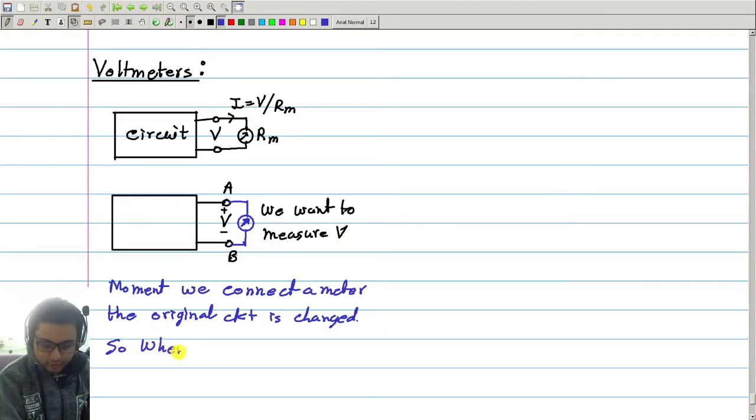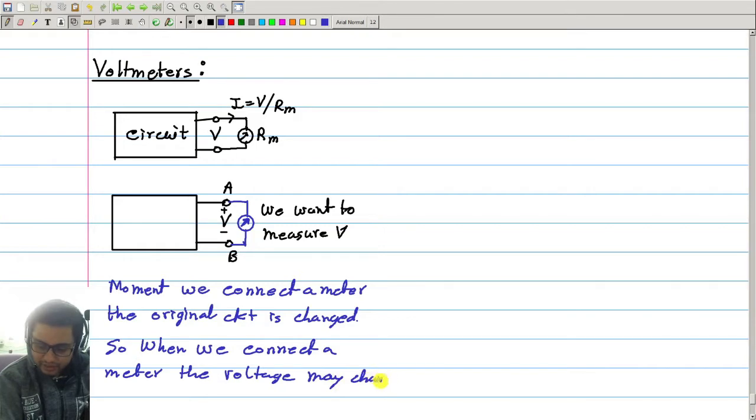So when we connect a meter, the voltage may change, and we would like that the change is not much. That is possible if the meter that we are connecting is not drawing much current from the circuit.